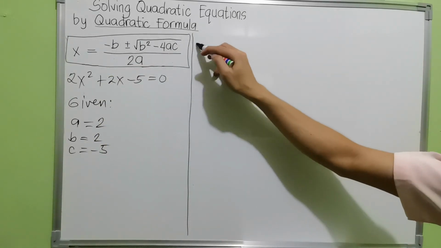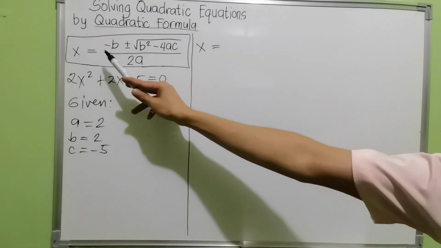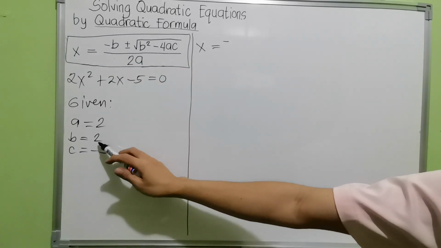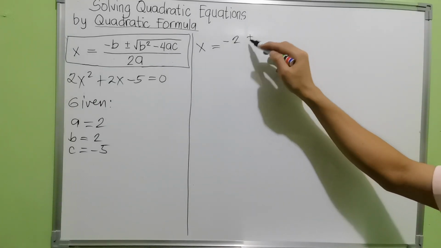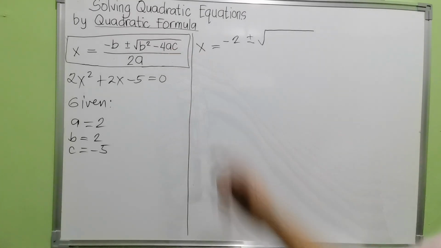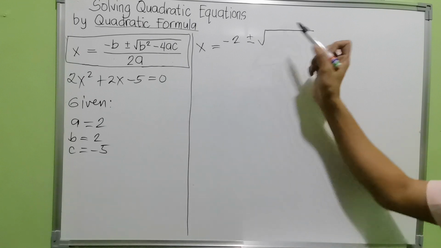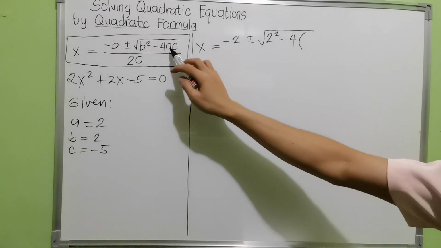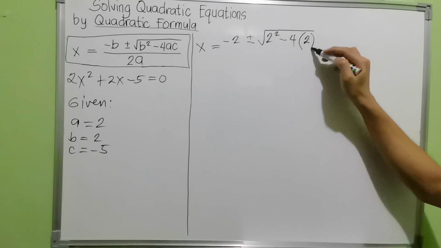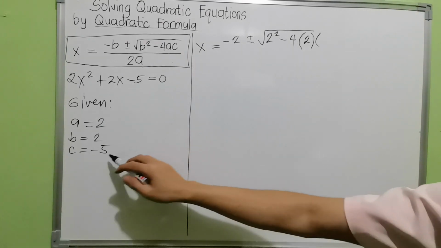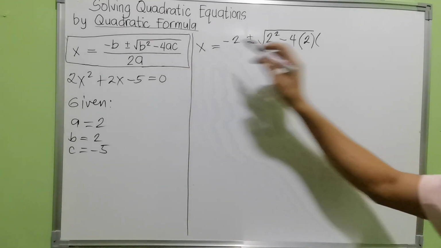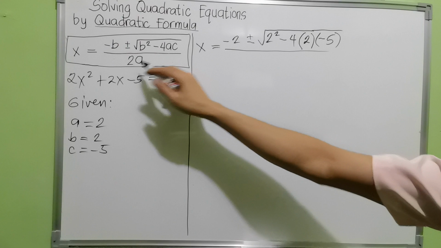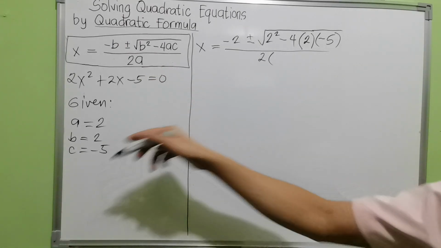We copy x equals, then the negative sign, and write 2 instead of b, plus or minus the square root of 2 squared minus 4 times 2 times negative 5, divided by 2 times 2.